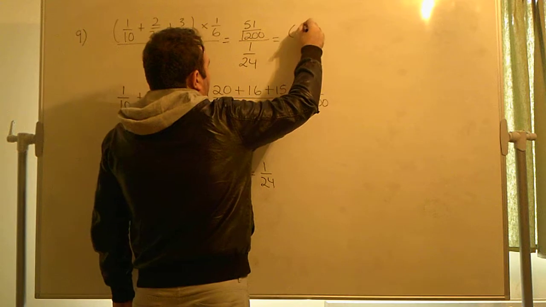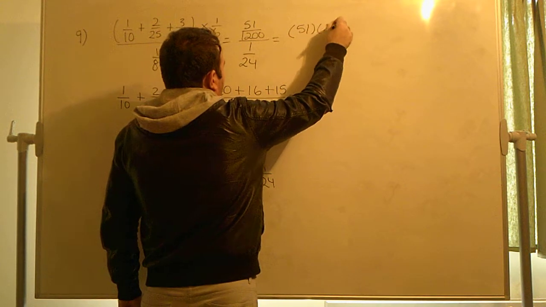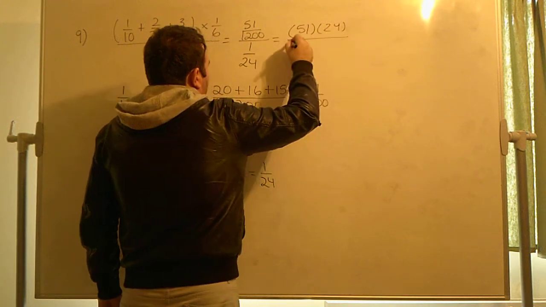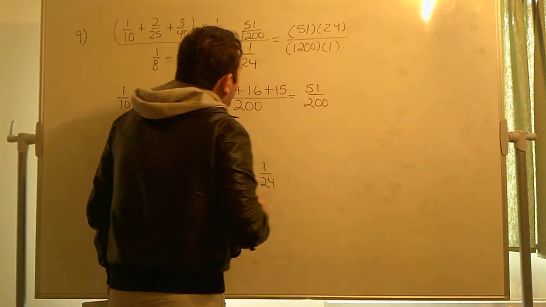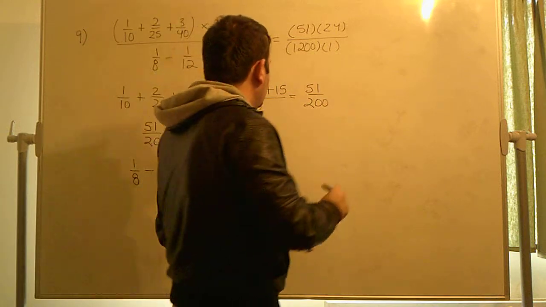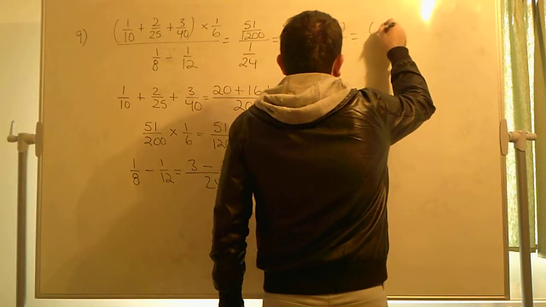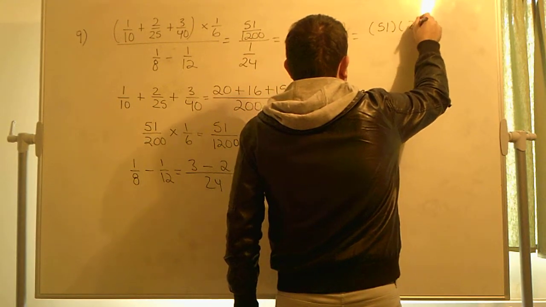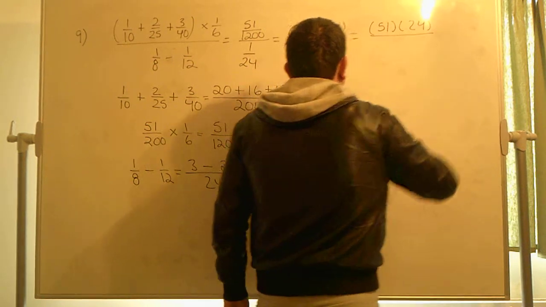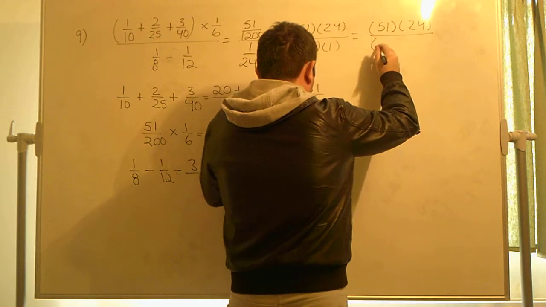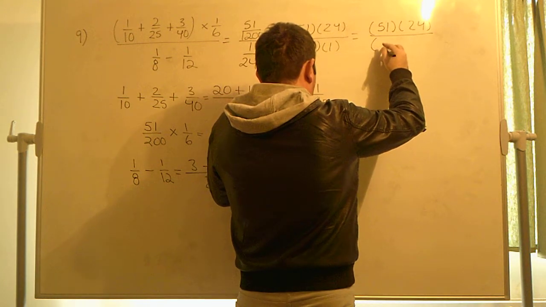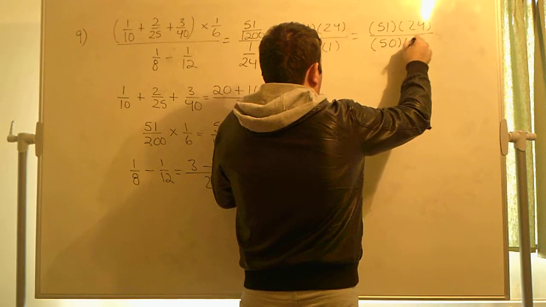So we would have 51 times 24 and then 1200 times 1. Well, it turns out that 1200 is equal to 50 times 24.